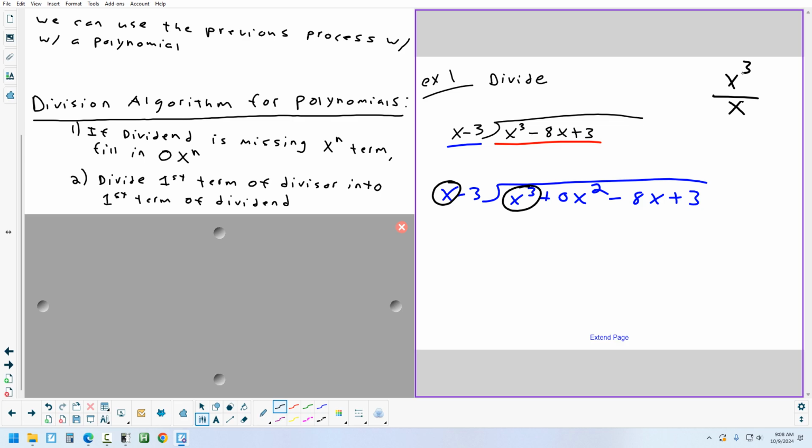I'm doing x cubed divided by x. And what do you get if you do x cubed and you divide by x? If you're not sure, think of it like that. X squared. Right, you get x squared because you have 3 x's in the top. You got 1 in the bottom. So you can cancel 1 from the top and the bottom, and that leaves you with x squared. Okay, any question on how we got x squared?